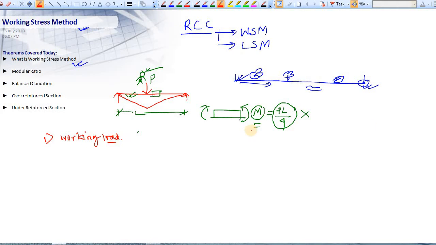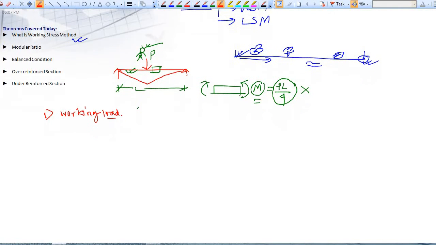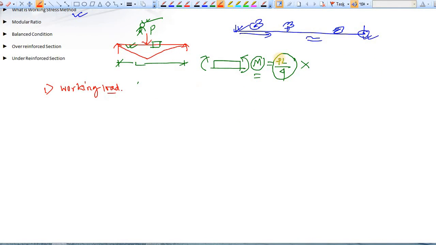Now in the lesson of strength of material, you have already learned that due to any moment, if this is the section, let's assume a rectangular cross section under the action of this bending moment, at any point a stress will be generated, that can be expressed by this formula, sigma is equal to My by I. And this stress is caused by this working load.